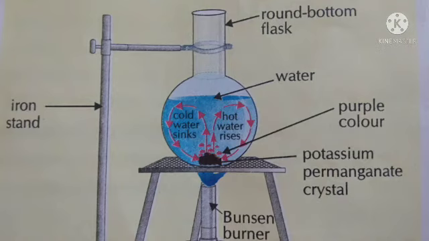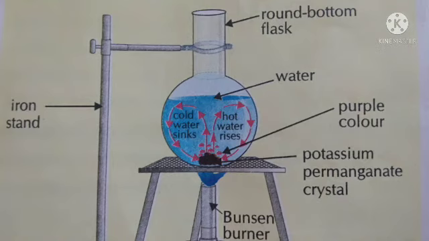Here you can see that with the help of a Bunsen burner, we are heating the potassium permanganate and water in the round flask.